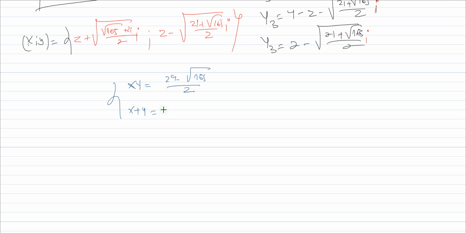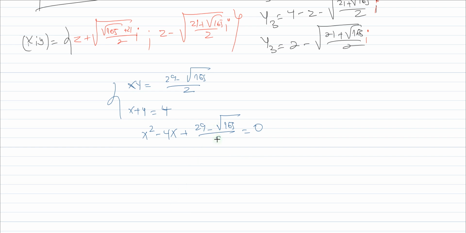So guys, following the same steps as in the previous system we solved, this is 4, we're going to have that x squared minus 4x this time plus 29 minus square root of 165 divided by 2, and this is equal to 0.